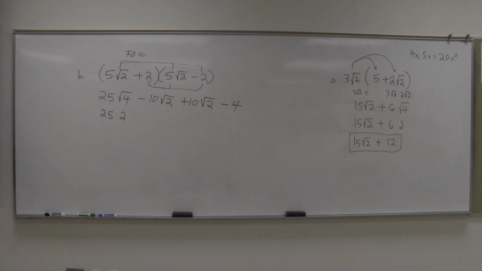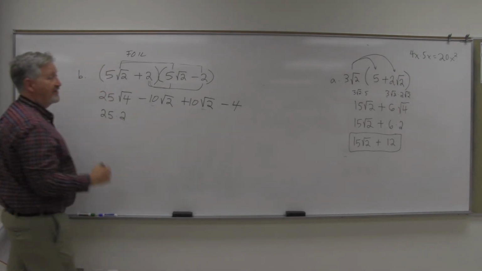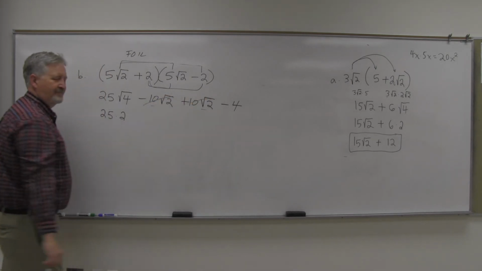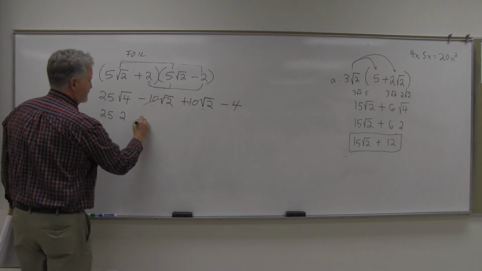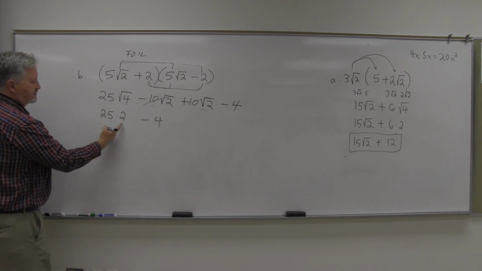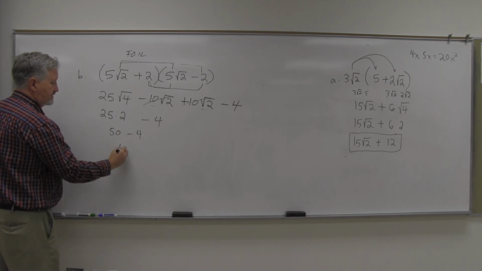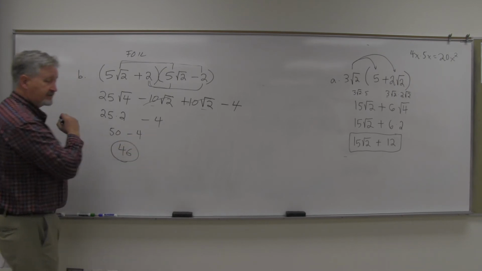What happens in the middle? They cancel each other out, because those are like radicals. One's a minus 10, one's a plus 10, that gives you 0. So you don't even have to write that, just mark them out. And then, of course, we still have the minus 4, so 25 times 2 is 50, minus 4 is 46.